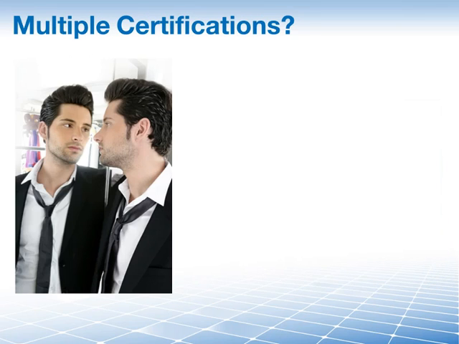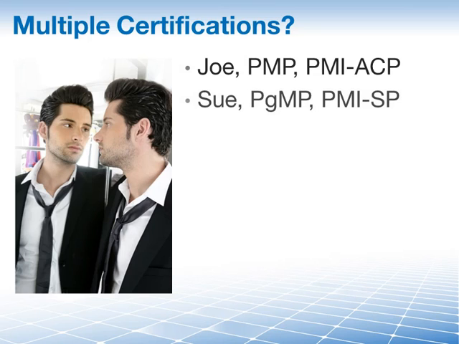There are a lot of project managers out there who hold multiple PMI certifications. Let's take a quick look at their situation here. For example, Joe and Sue here, they are both PMP and PgMP certified, but Sue has also the scheduling professional, and Joe also has the PMI ACP, the Agile Certified Professional certification from PMI.